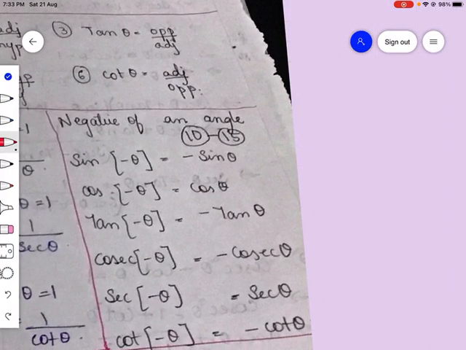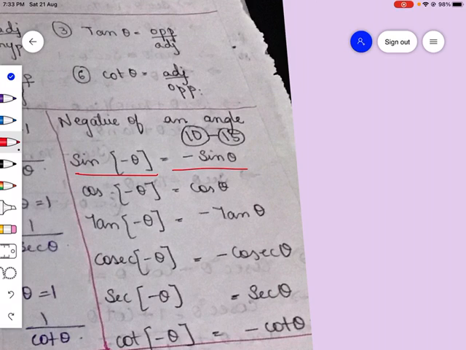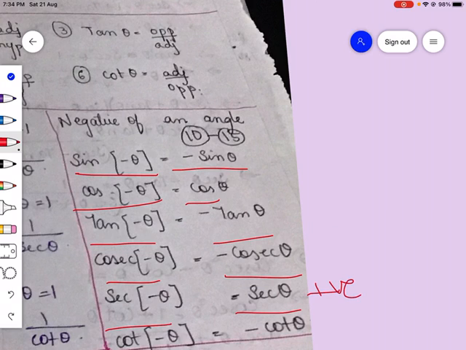Sine of minus theta is nothing but minus sine theta. Cos of minus theta is positive cos theta. Tan of minus theta is minus tan theta. Cosecant of minus theta is minus cosecant theta. Secant of minus theta is positive secant theta. And cot of minus theta is minus cot theta.